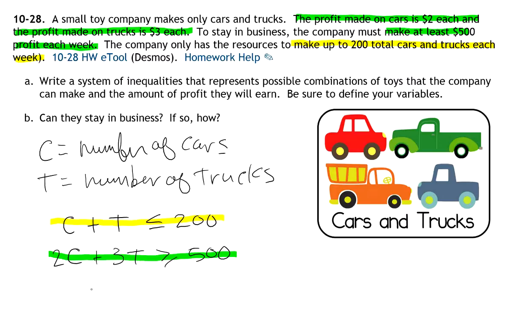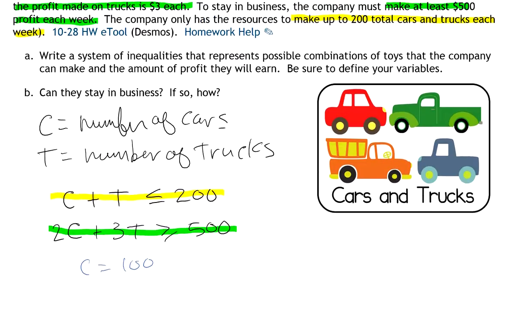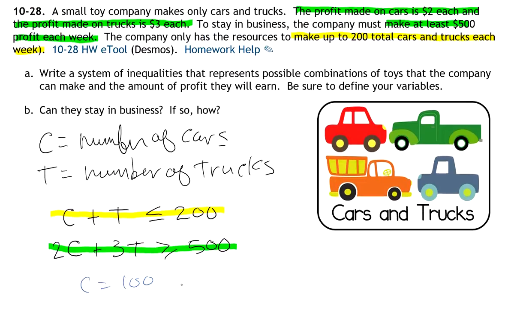If C was 100 and the number of trucks I made was 100 rather, they're each 100, that'll give me the $500 profit.